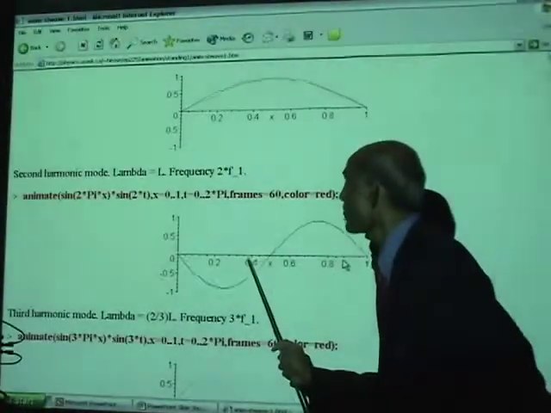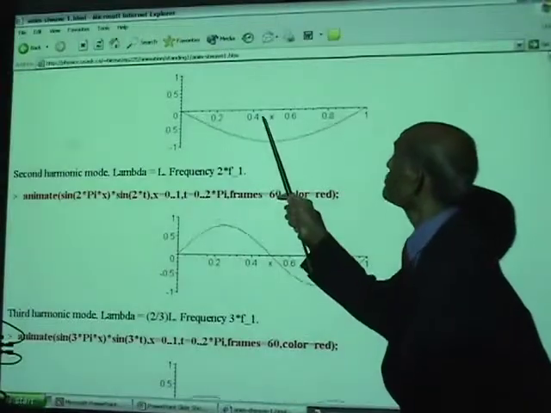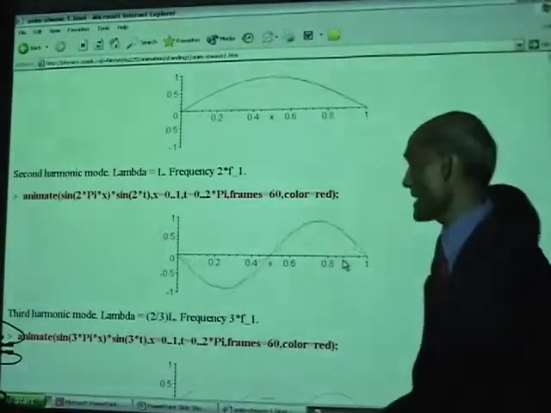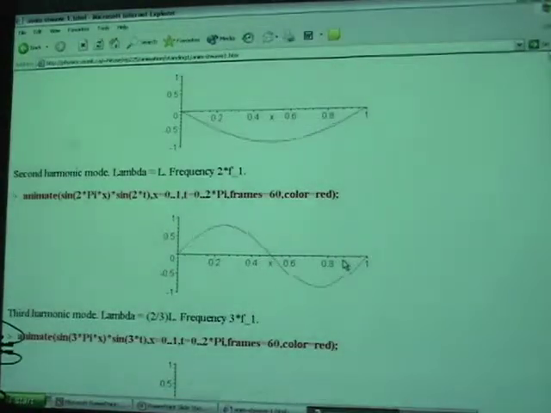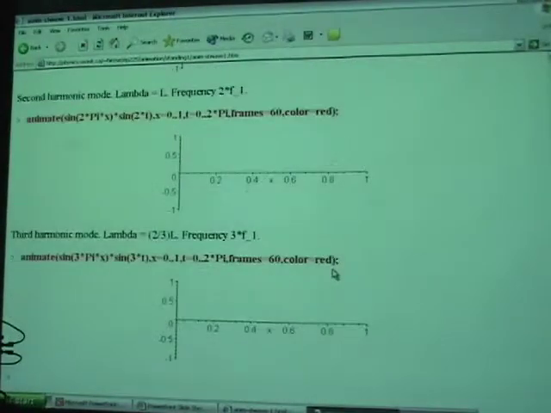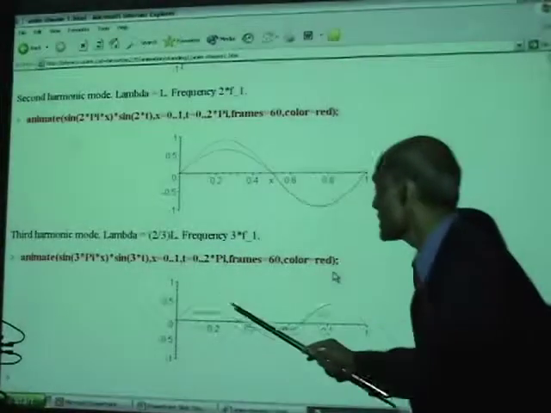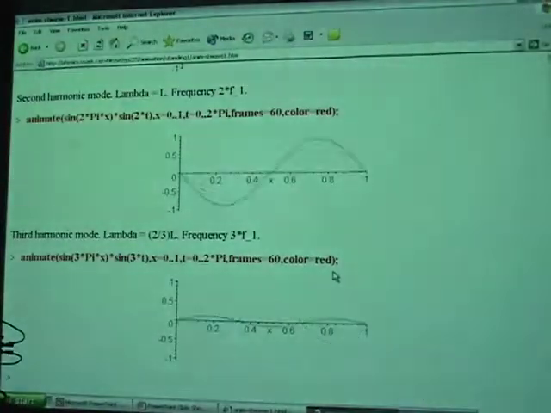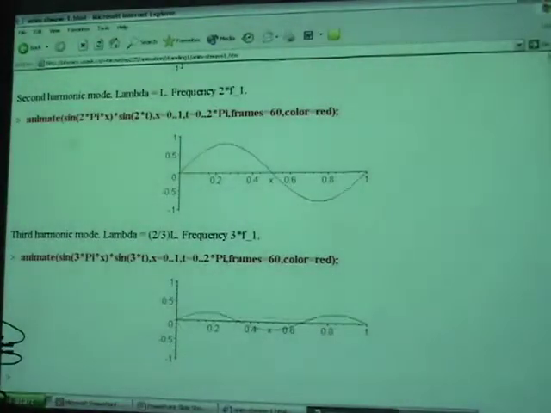The frequency of this vibration is twice the frequency of the fundamental. We will take it up again. And you can have the next higher mode. The string vibrates in 3 loops. And so on. Alright, let's turn that off.